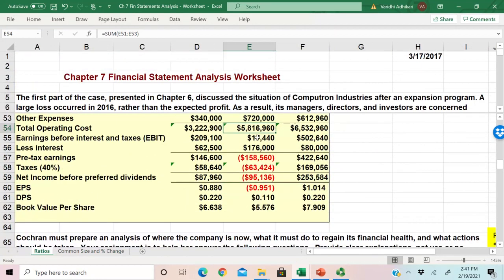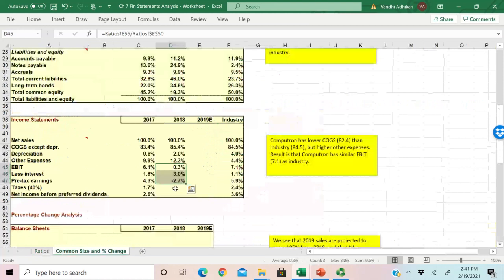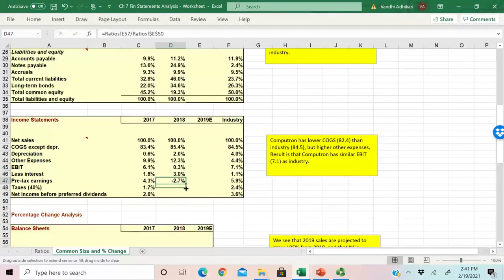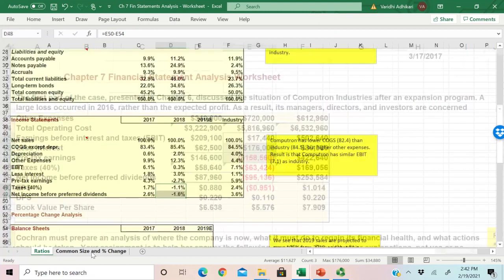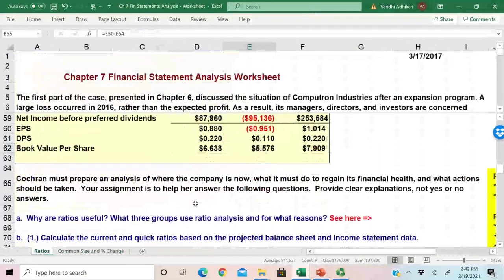So here, EBIT, less interest, less pre-tax earnings. Then taxes come after that, so we can drag it down. And net income before preferred dividends, 1.6%. I think after that these are similar.